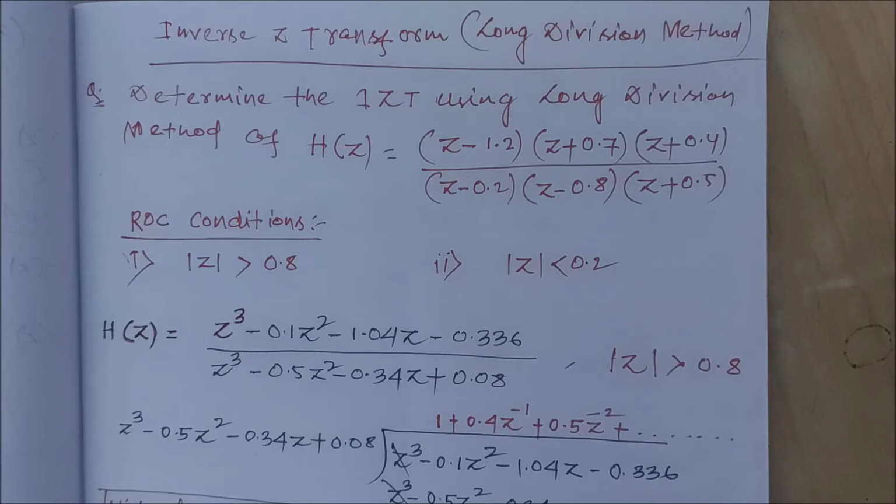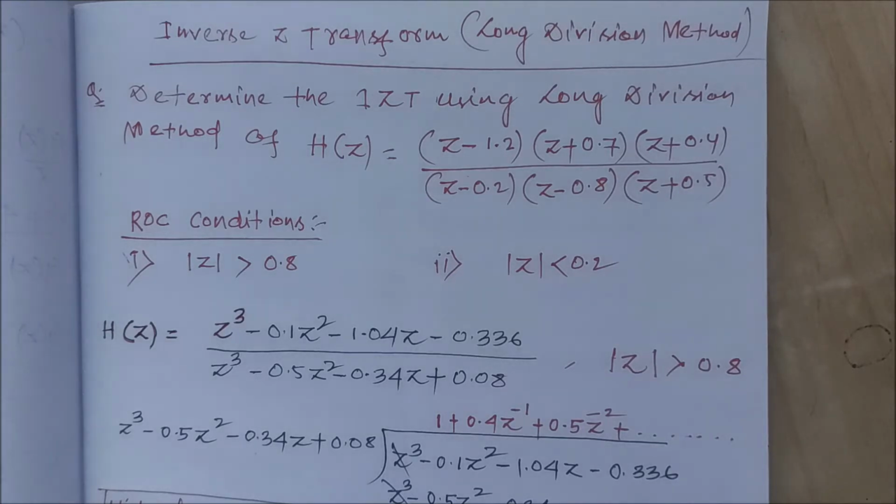So basically this particular system is already in factorized form. The numerator is already factorized and the denominator is already factorized. But the factorized result of a system function is useful in case of partial fraction technique. But in case of long division method, the numerator as well as the denominator must be written in the form of polynomial.